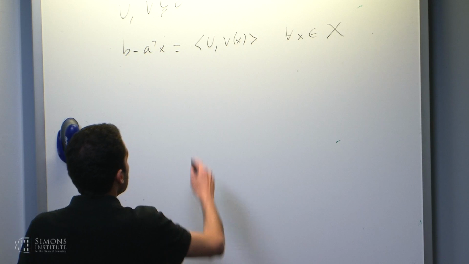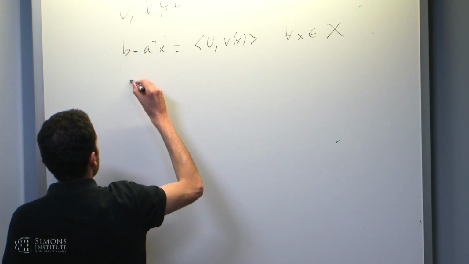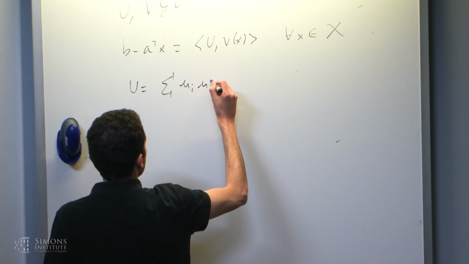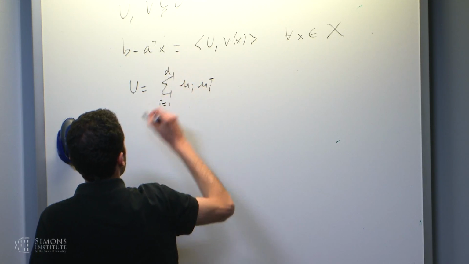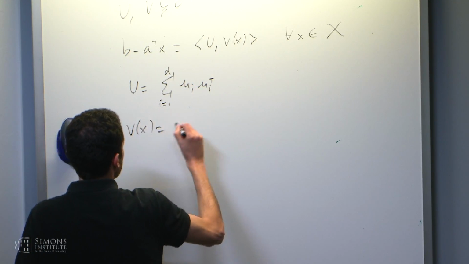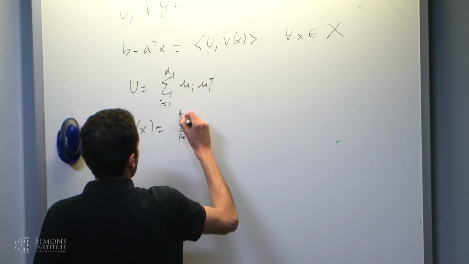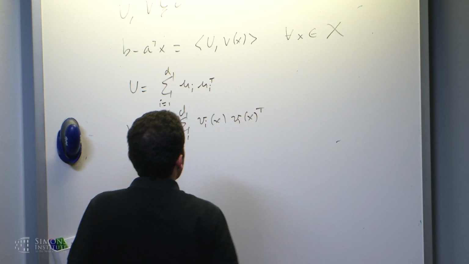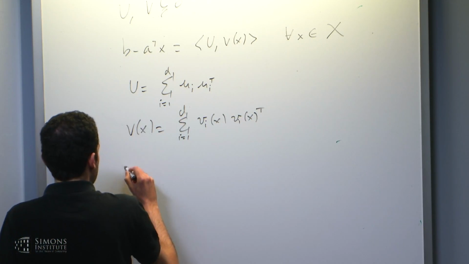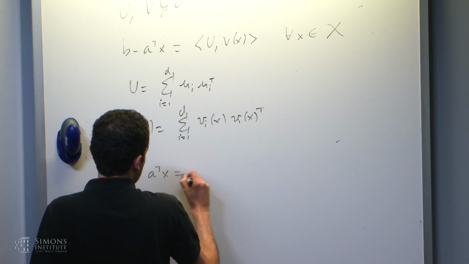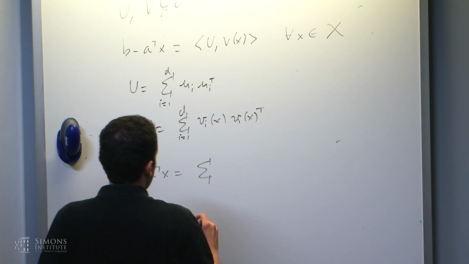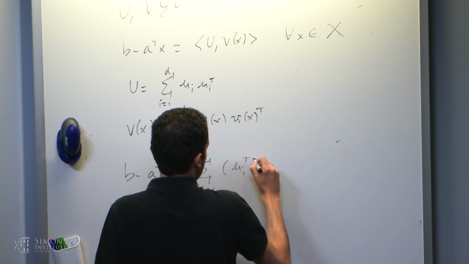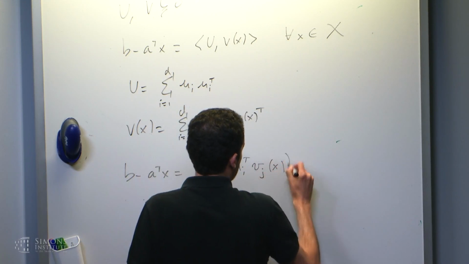So if I decompose U and V, since they're PSD, I can write them in the following form. U is the sum of u_i u_i transpose, and V of X I can also write as the sum of v_i of X v_i of X transpose. Then what I actually get is that B minus A transpose X is the sum of u_i transpose v_j of X, squared.